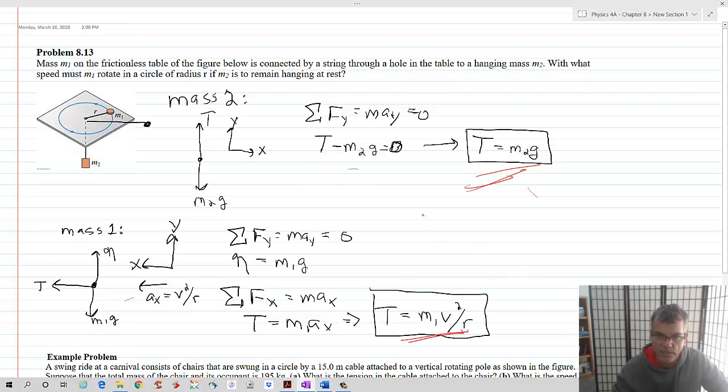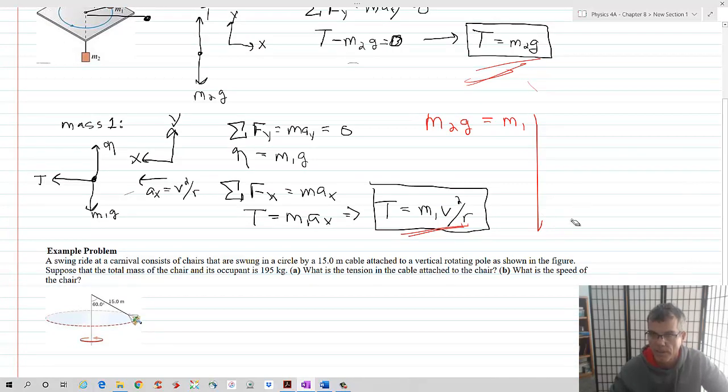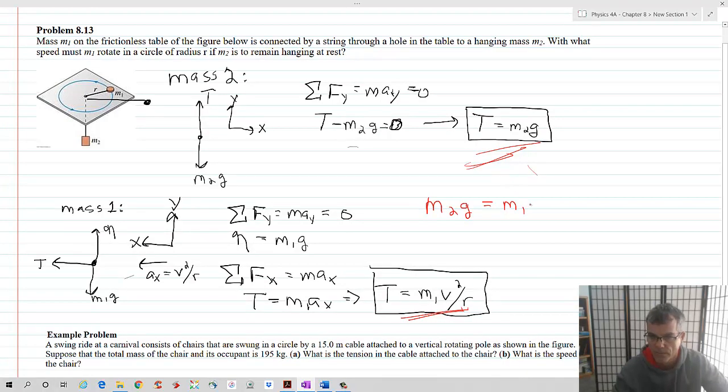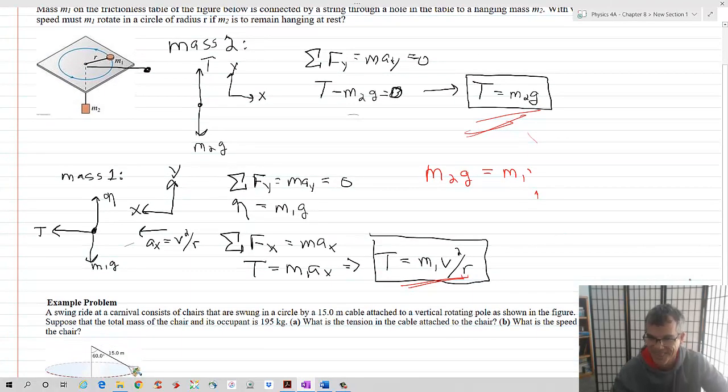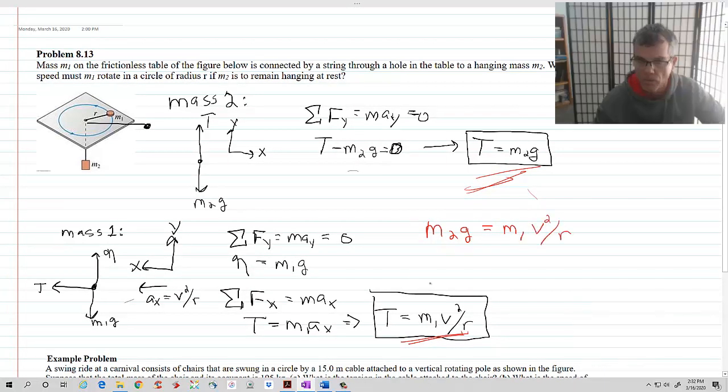And what I get is M2g equals M1 times V squared over R. Solving for V, we get V squared equals M2g times R over M1.